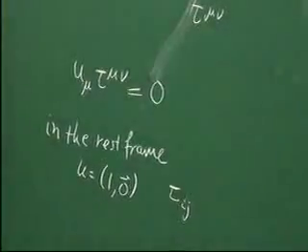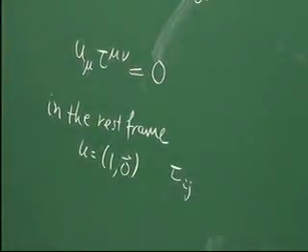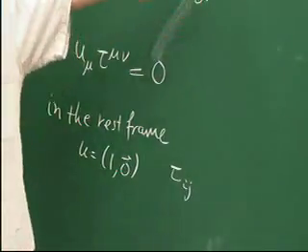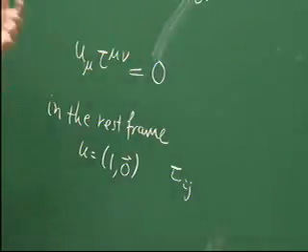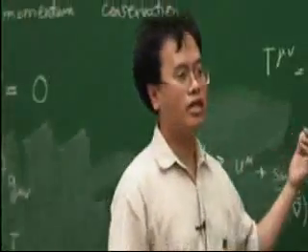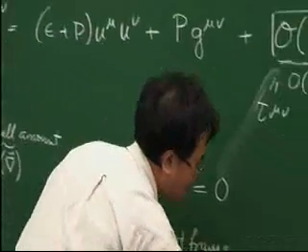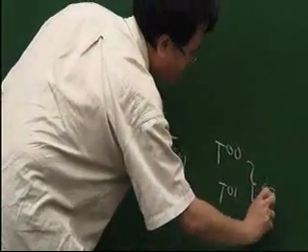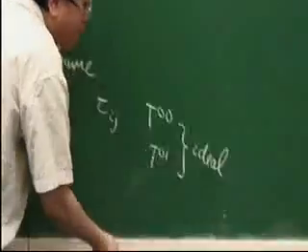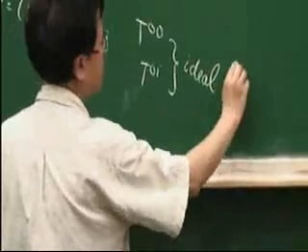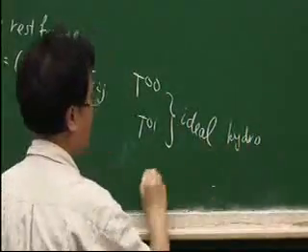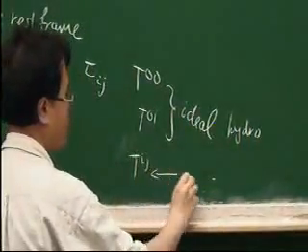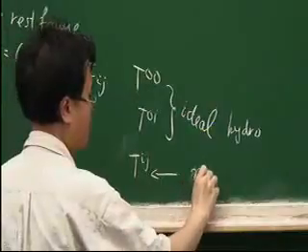There is no component of the non-ideal part of the stress energy tensor that has a 0 index. In other words, all the conserved densities, the T^00 energy density and T^0i, are all given by ideal hydrodynamics. And only in the stress tensor there is a non-ideal part.